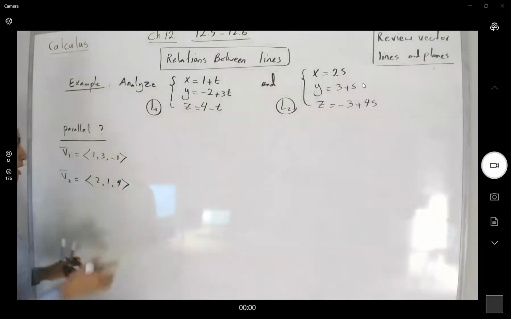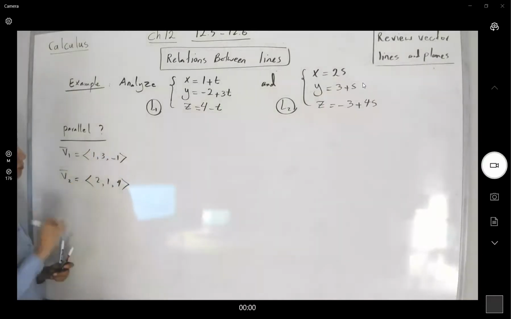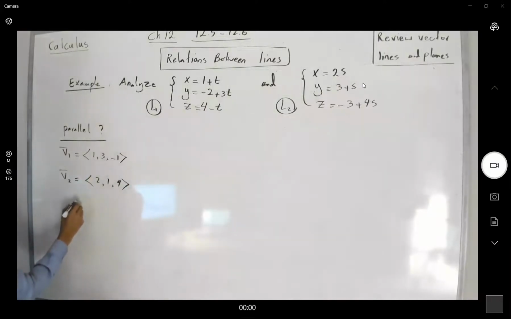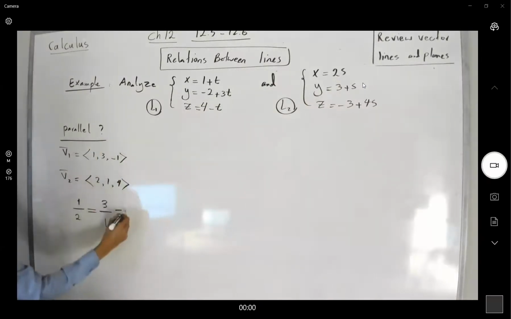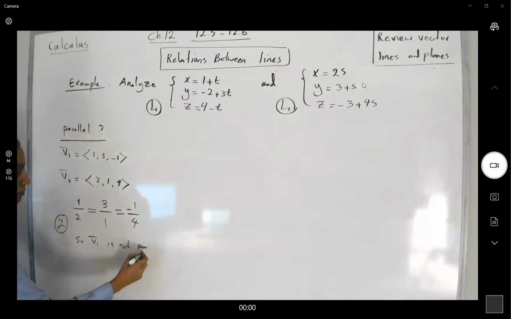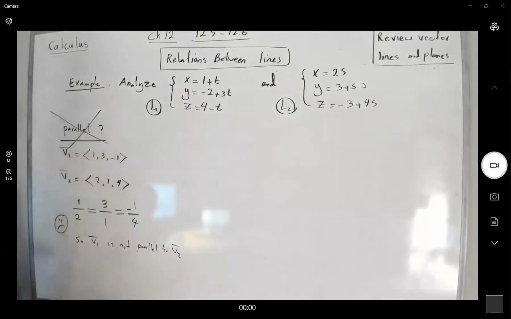It means that if we divide the corresponding components, it equals a fixed number. So 1 over 2 must be equal to 3 over 1, which must be equal to negative 1 over 4, which is false. So V1 is not parallel to V2. They are not parallel to each other.